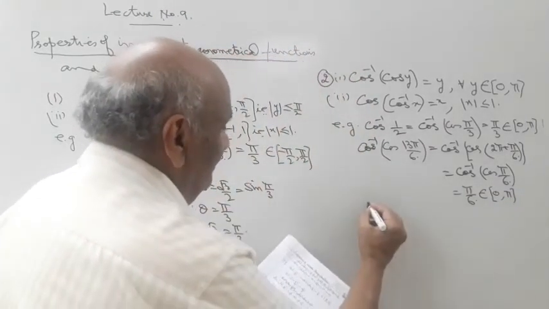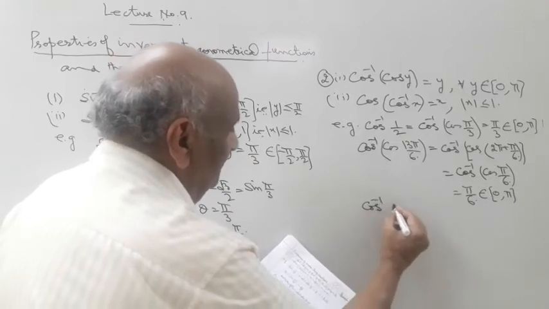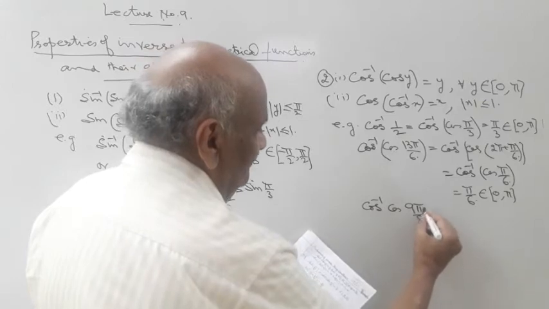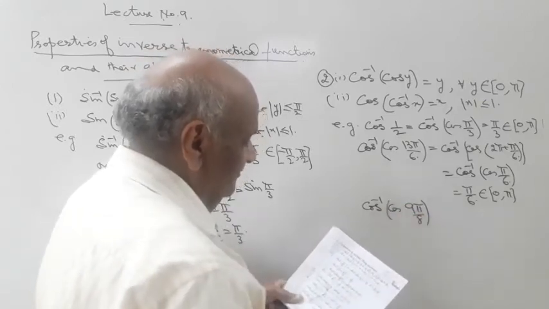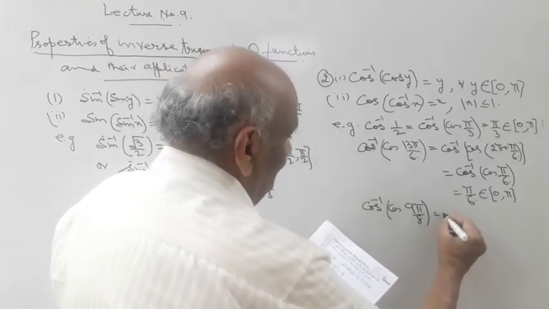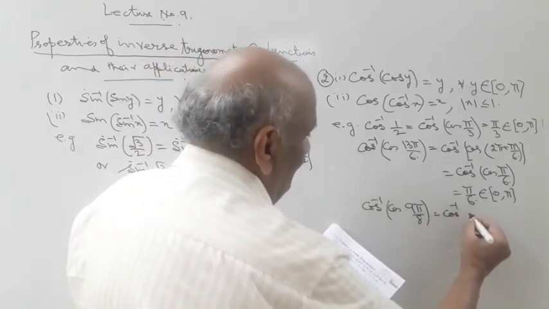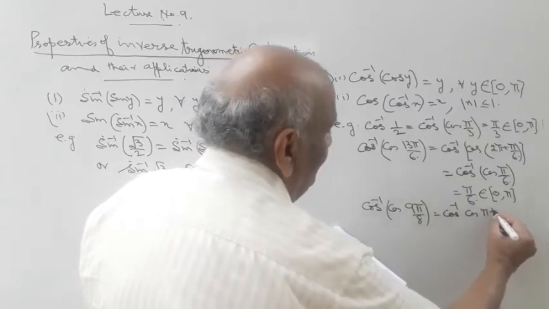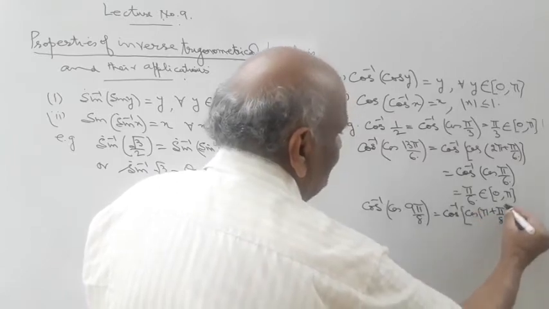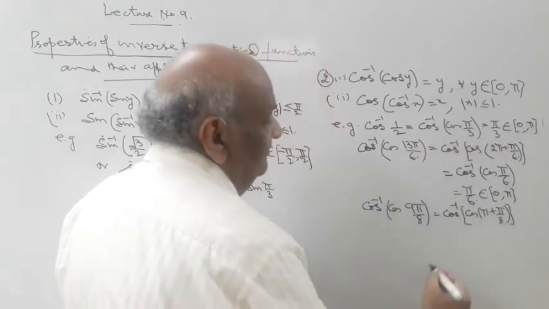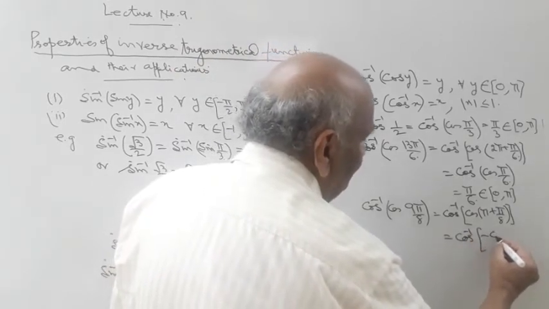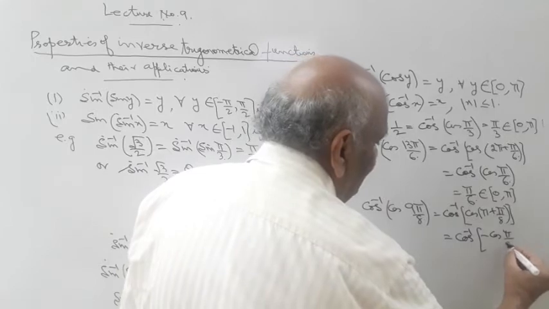Moreover, again it is cos inverse of cos 9 pi by 8. This becomes equal to cos inverse of cos of pi plus pi by 8, which is cos inverse of minus cos pi by 8.